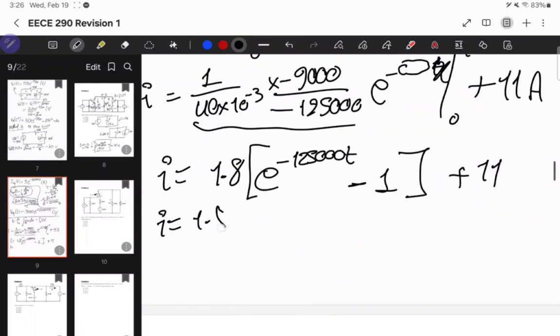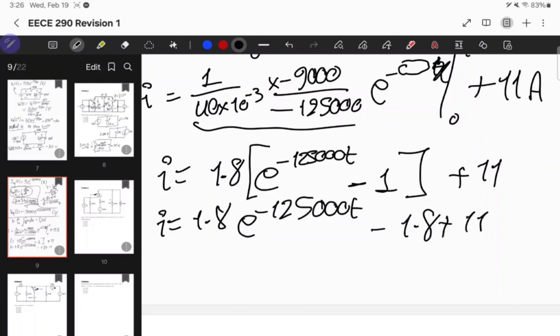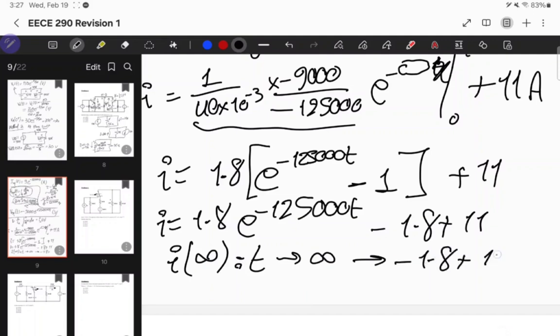So this is equal to 1.8 exponential minus this term, minus 1.8 plus 11. But I need the energy at time equal to infinity, so I take time going to infinity. The exponential dies out, so minus 1.8 plus 11 is 9.2. The current at infinity is 9.2.